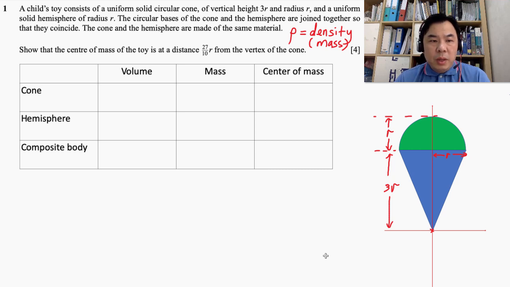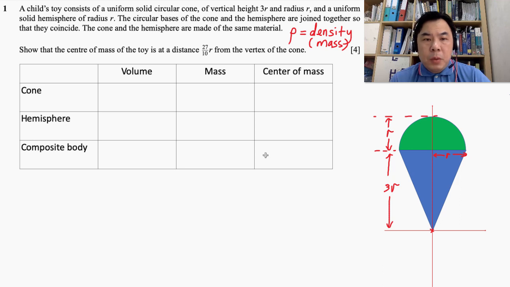If you are happy with that, we are going to set up a table that consists of all the information that we need to apply the principle of moments later. The information that we need usually is the volume, because we are talking about a solid body here, so we need to know its volume.